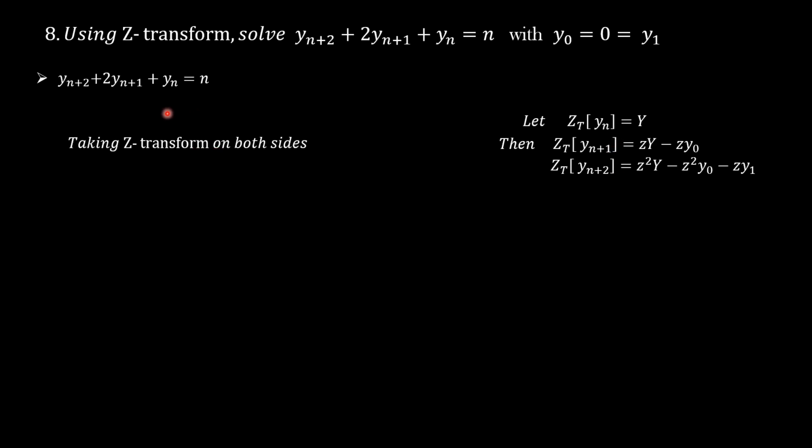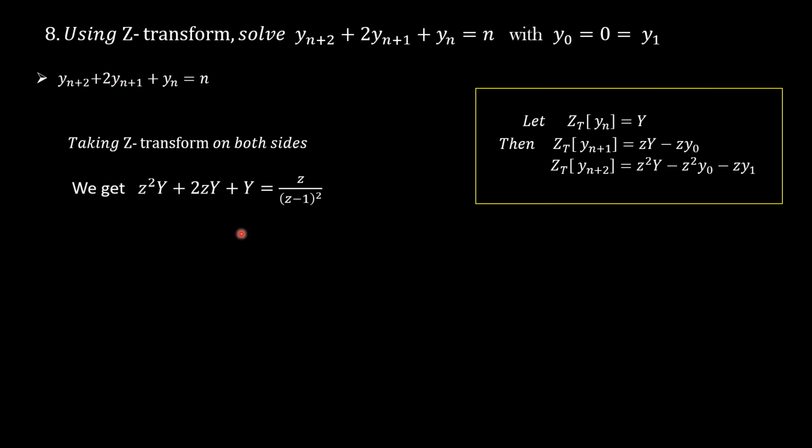By taking Z transform on both the sides of the difference equation and using the initial conditions, we get z²Y + 2zY + Y = z/(z−1)², or (z² + 2z + 1)Y = z/(z−1)².